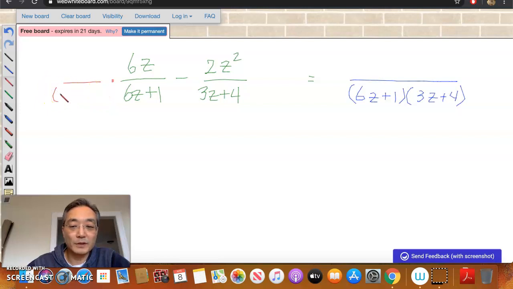So this one is missing the 3z plus 4, so 3z plus 4, top and bottom. And this one is missing the 6z plus 1, right? The 6z plus 1.